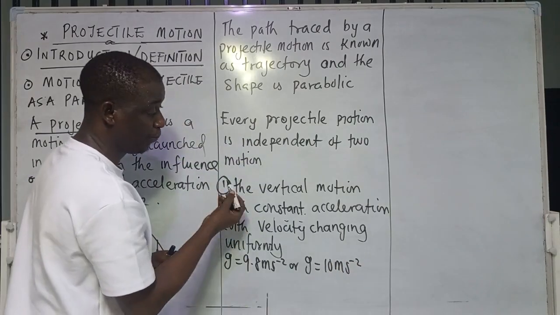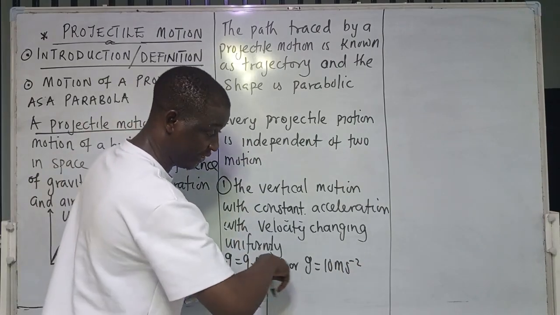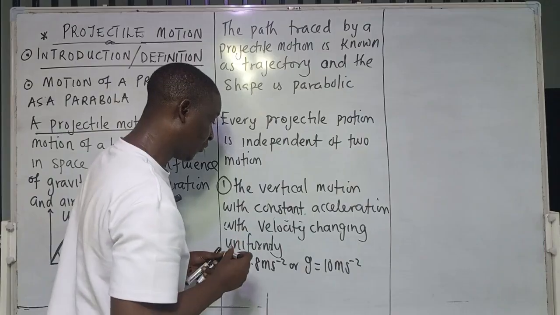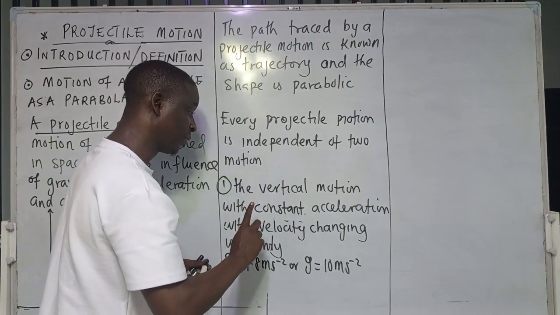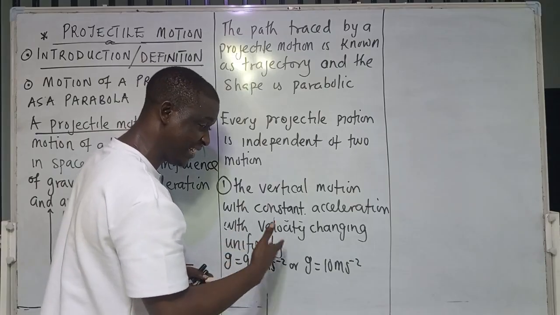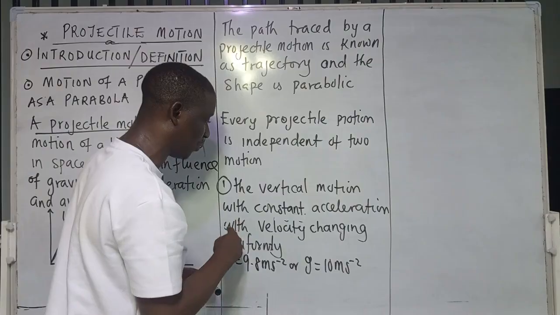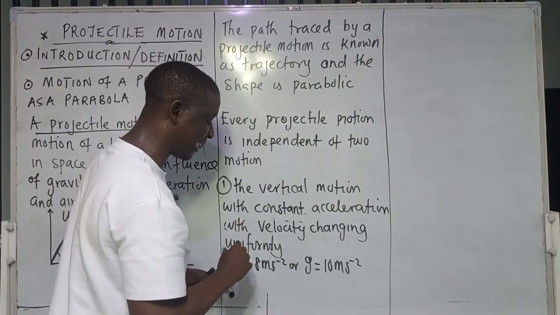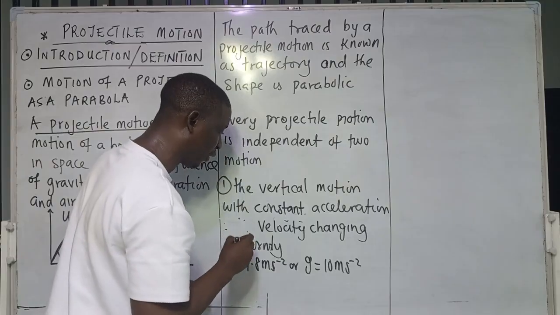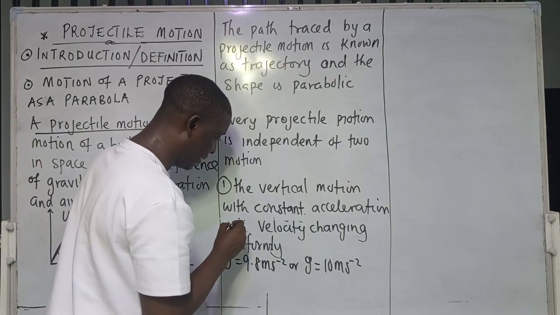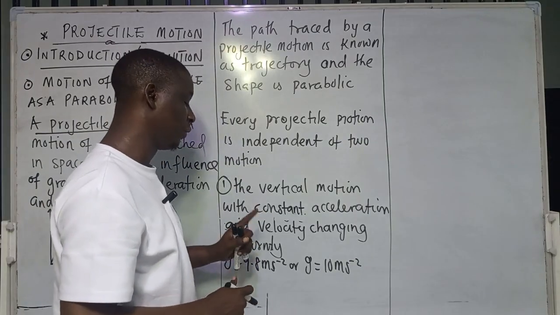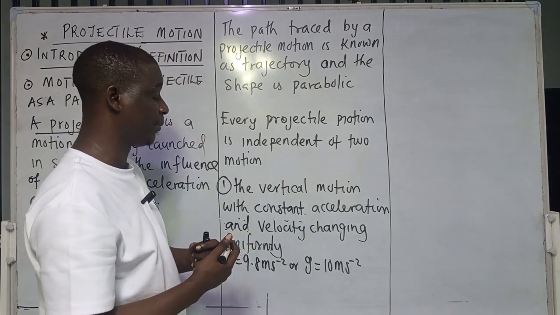So during vertical motion, acceleration is constant, but velocity is changing uniformly. That is how the vertical motion is.